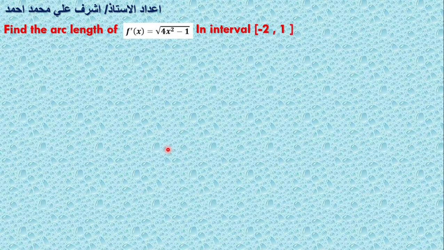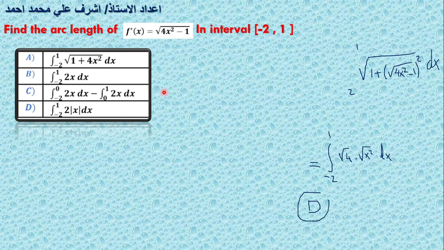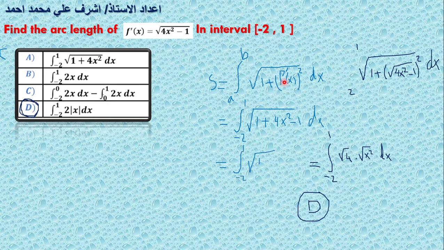Next, find the arc length of f prime. Here we have f prime, not f, so we use it in our formula directly without taking a derivative. Arc length is the integral from a to b of the radical of 1 plus f prime squared. Where is our interval? From negative 2 to 1.